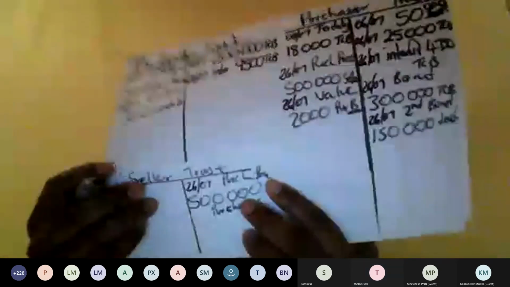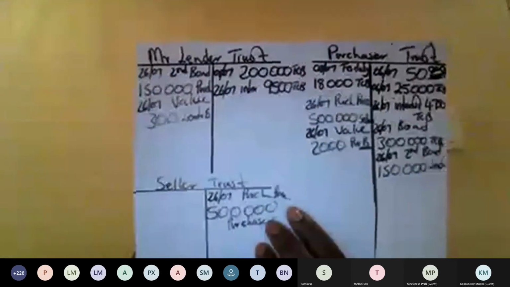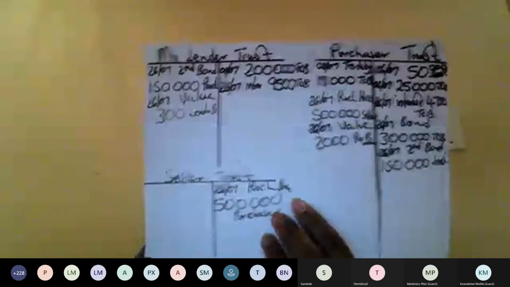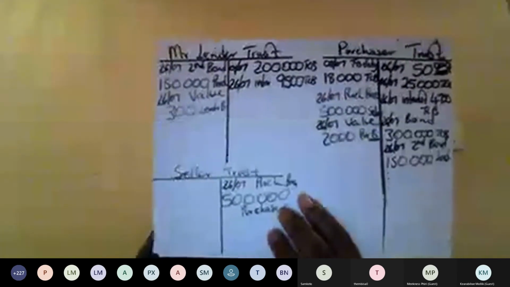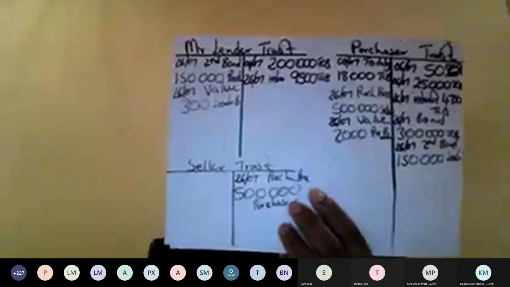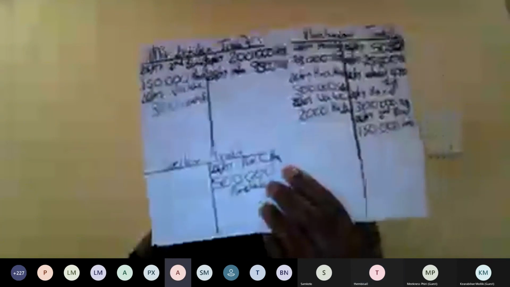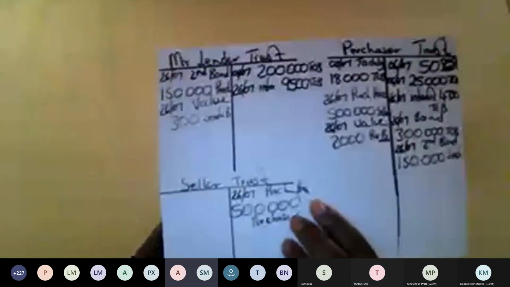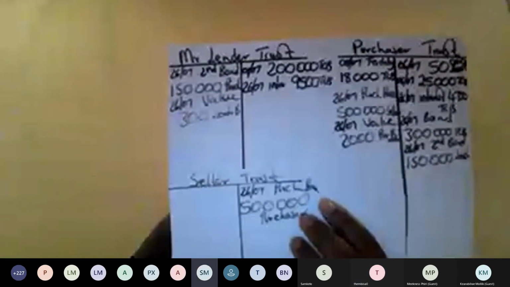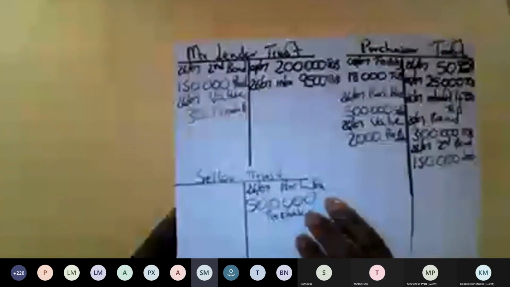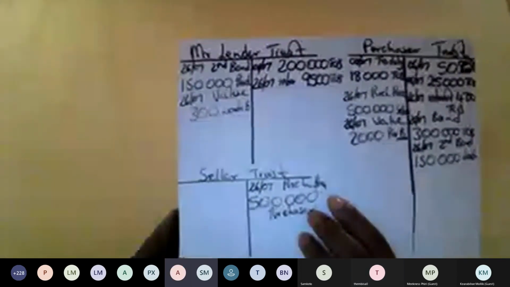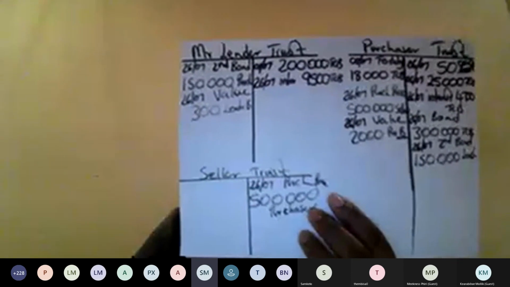Then you have debited the lender's trust here with that amount of 300 rands, and now we must go and credit the lender's business the same amount as per the journal. 26 of 7 value 300 rands for lender business.